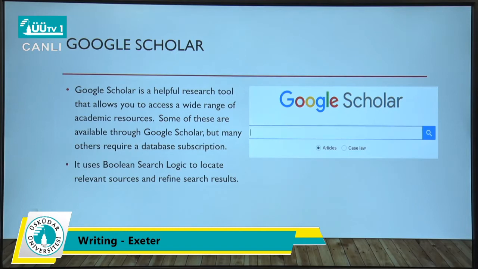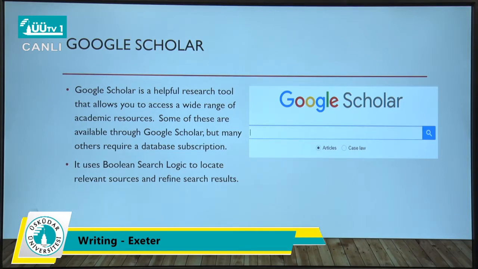So let's talk about another one, Google Scholar. Google Scholar is a helpful research tool that allows you to access a wide range of academic resources. Some of these are available through Google Scholar, but many others require a database subscription. As you know, some of them are free.